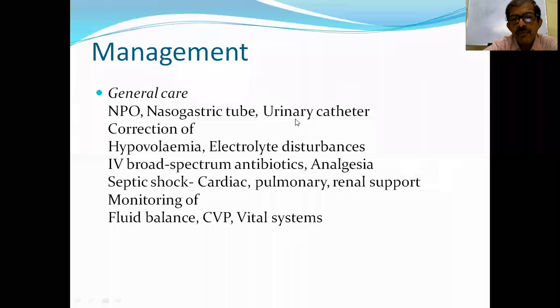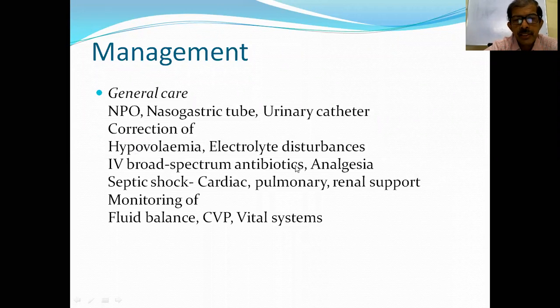Catheter is very important because you have to measure the urinary output. Simple but effective monitoring of the patient is by urinary output measurement. You have to correct vomiting, that is hypovolemia. Electrolytes already told you.